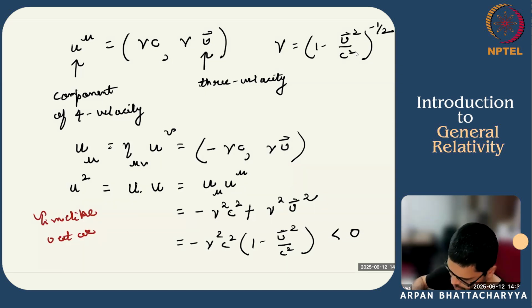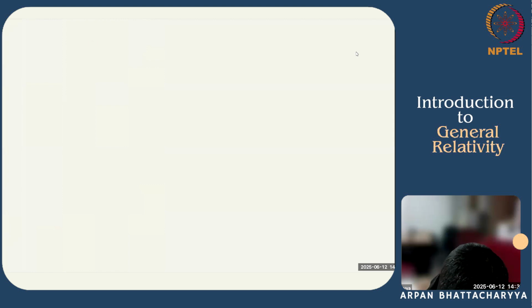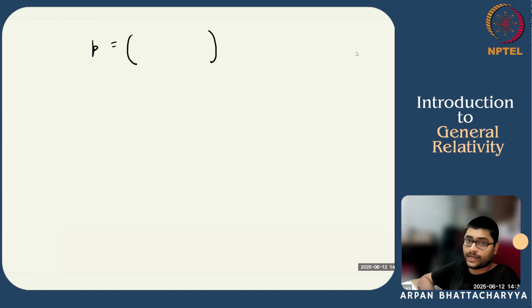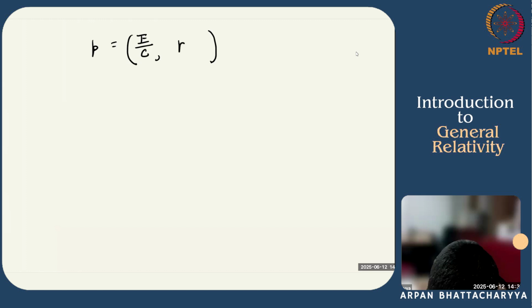Similarly, you can check that for momentum, denoted by small p, the 4 momentum of a point particle of mass m, the 0th component is E by c, and the rest is the 3 momentum associated with the 3 velocity part.